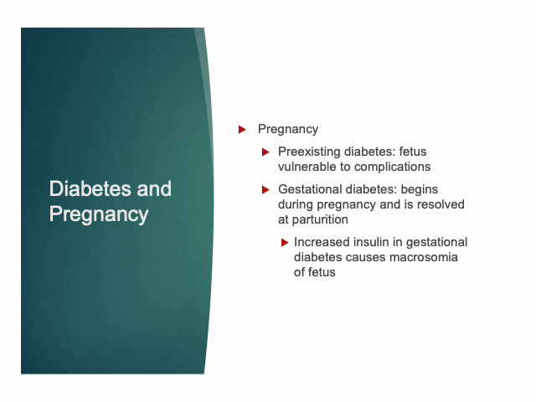Now, increased insulin in your body in someone that has gestational diabetes can also cause macrosomia of the fetus, or a really large baby. So patients with gestational diabetes often have infants that are larger than 9 pounds if not managed well.